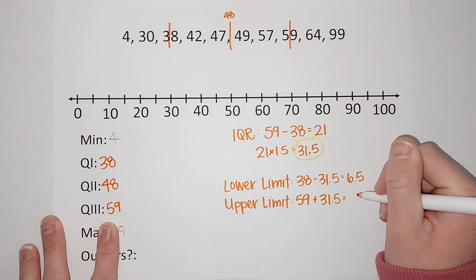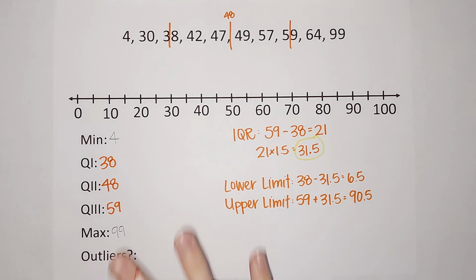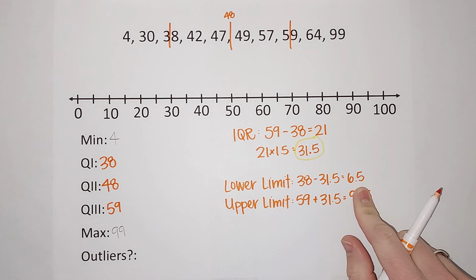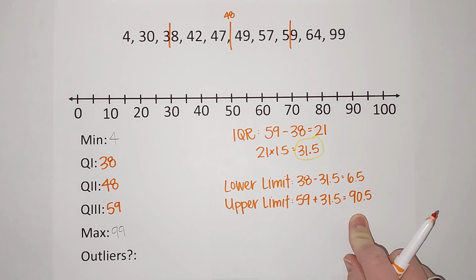And I get 90.5. Okay, so I have my lower limit, I have my upper limit, but what does that mean? Okay, that means any number lower than 6.5 is considered an outlier, okay? My upper limit means any number bigger than 90.5 is considered an outlier, okay?